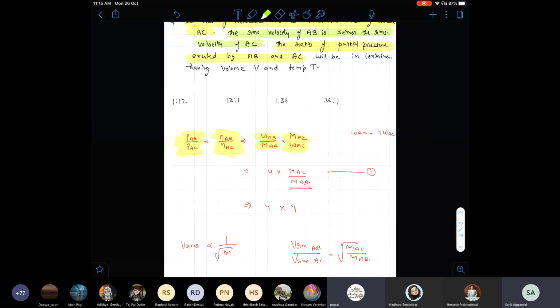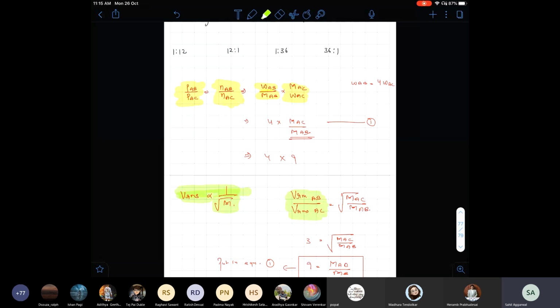RMS velocity is inversely proportional to square root of molecular mass. So RMS velocity of AB is 3 times the RMS velocity of AC. In place of this, you can put 3, and you can solve this by squaring on both sides.